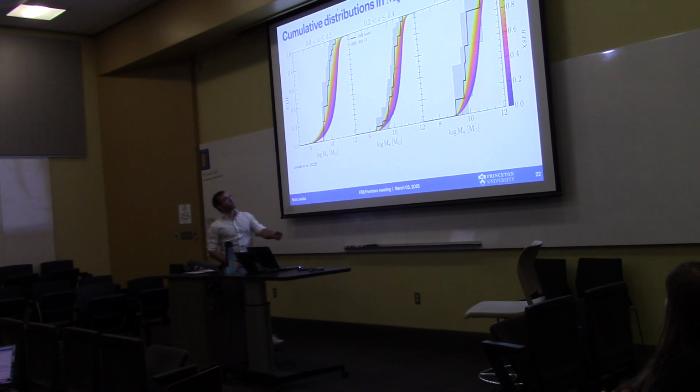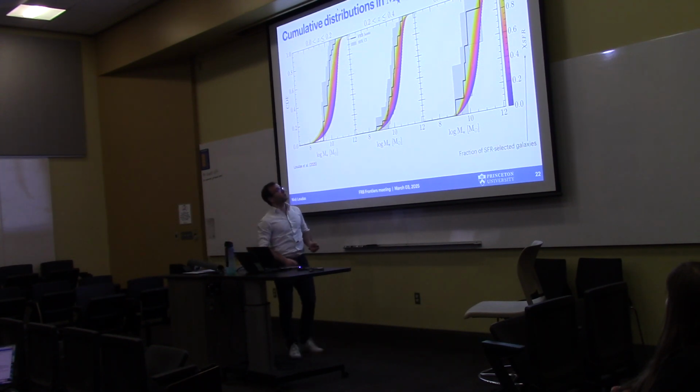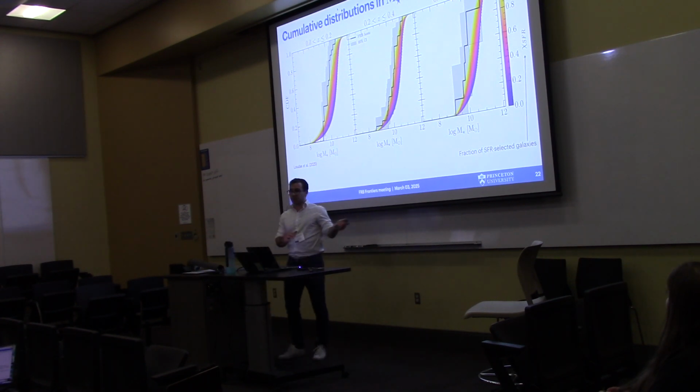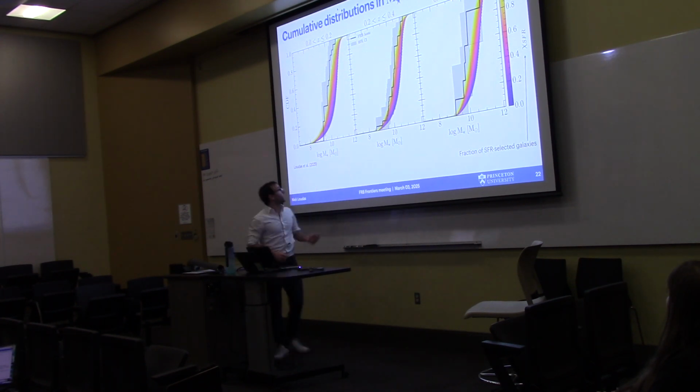Different colors correspond to different mixtures. For XSFR equal to 1, which is the yellow line, all galaxies are SFR selected, which is identical to the blue line that I showed you earlier. While for XSFR equal to 0, you reproduce the prediction of the mass selected galaxies, where all galaxies are selected based on mass. And everything in between is a mixture.